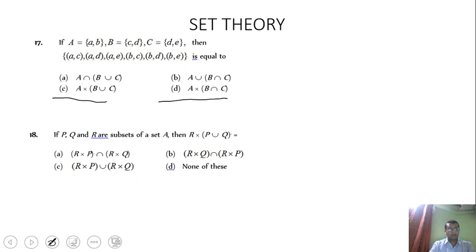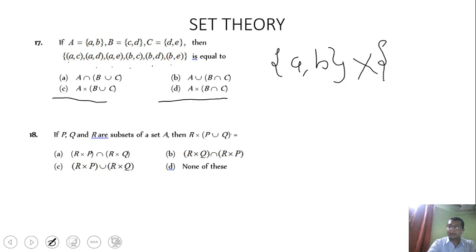Further, look at the first set. It is AB. Next, look at the second set. If we take the union, it is CDE.